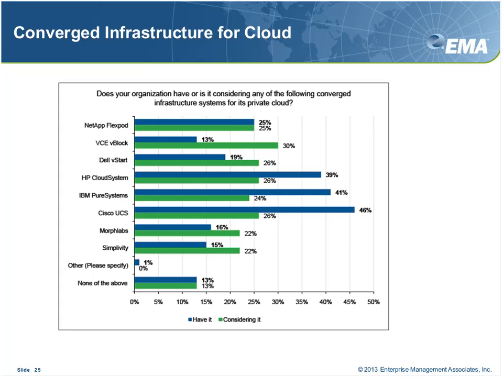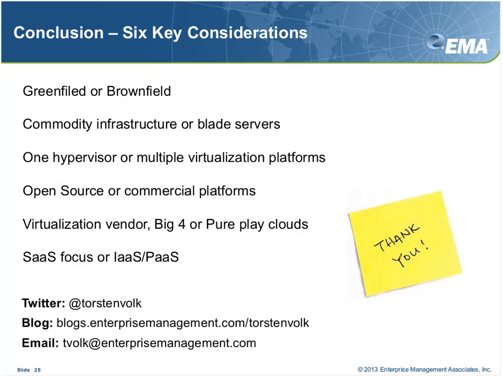So as a conclusion, I would say that picking a cloud is only partially a technology decision. It's all about answering those 6 key questions that you can see on the slide, and each of those questions needs to be discussed with all the relevant stakeholders. There's a lot of due diligence to be done, a lot of considerations that have to do with your business expectations, but also with your existing data center environment.